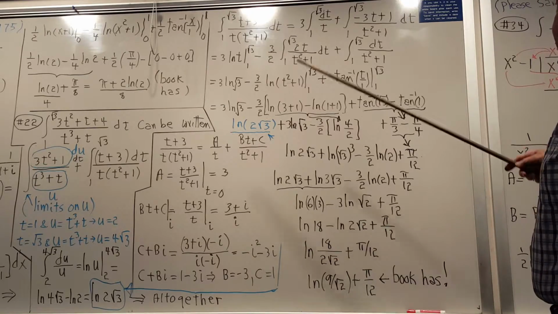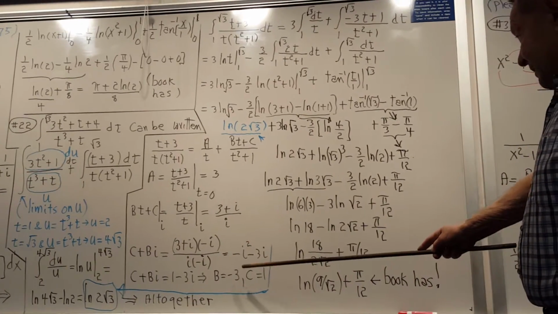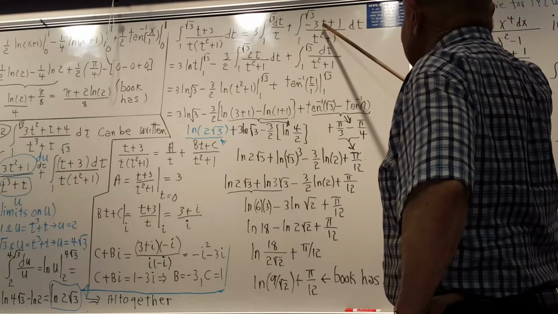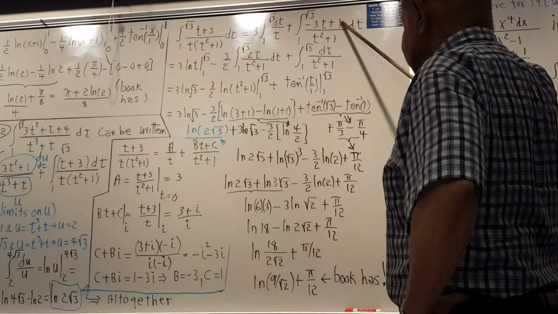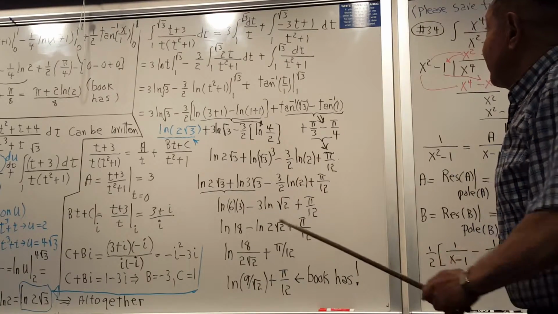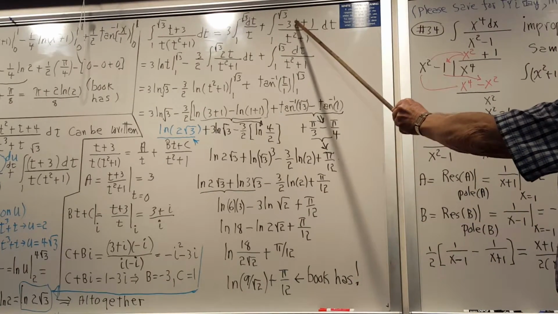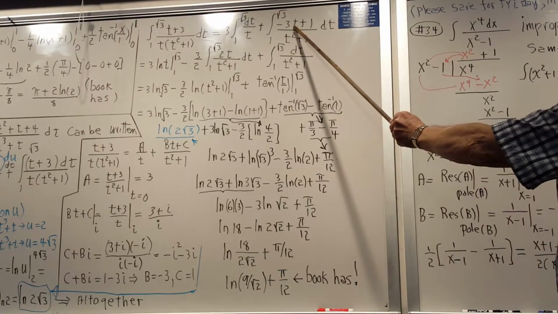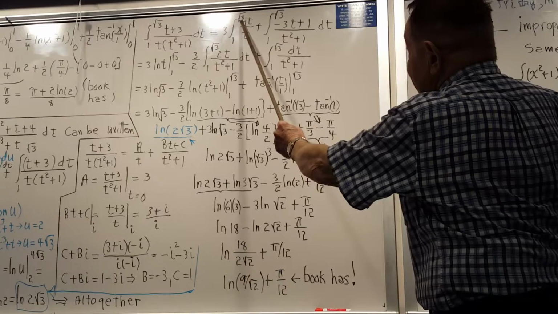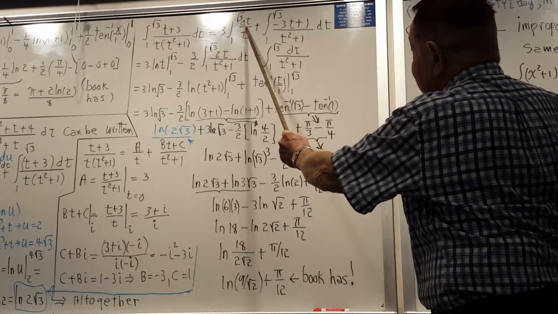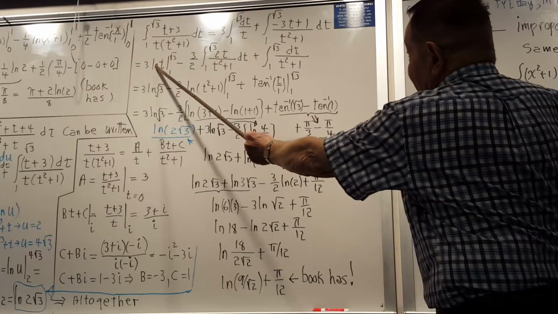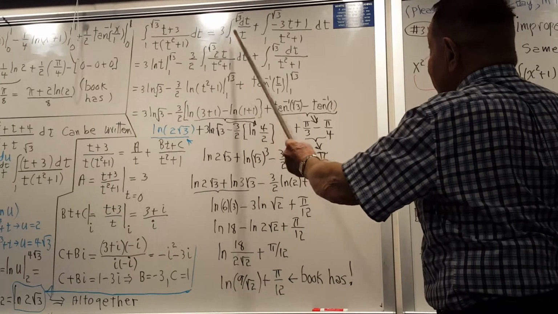And then what you're going to have is minus 3t plus 1 over t squared plus 1. And so this will split then into two integrals. Okay, so here with this one, you can see that's logarithm. So it's 3 log 1 to root 3.